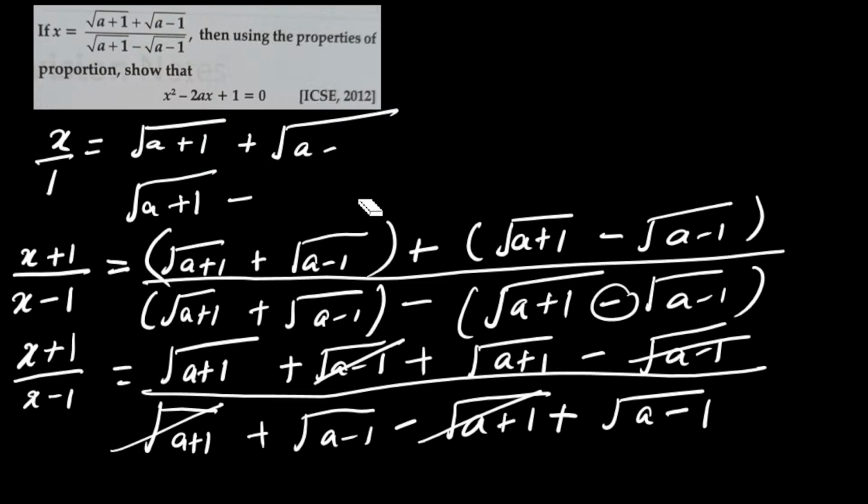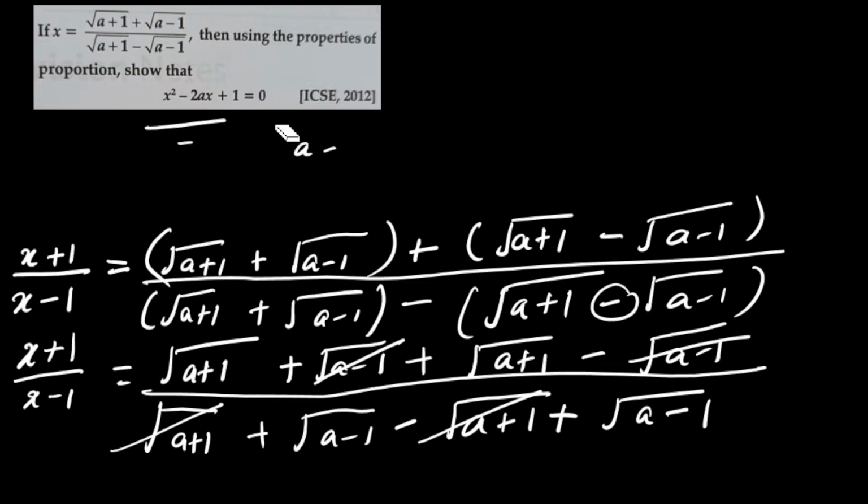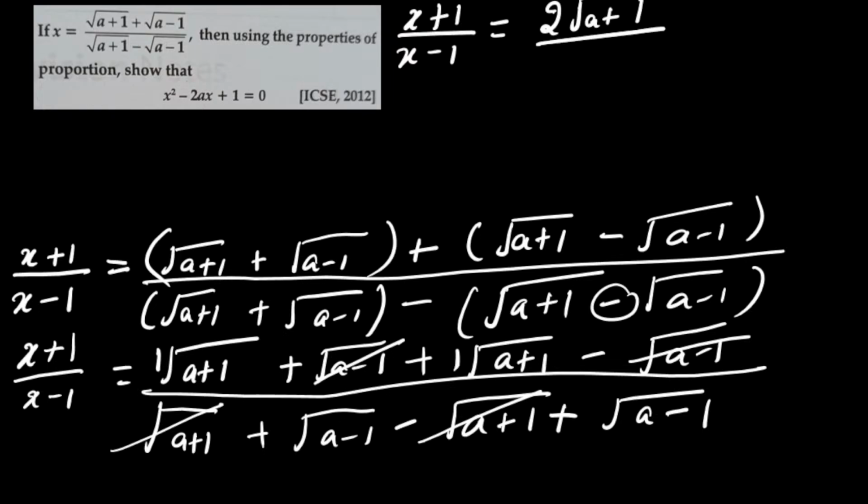I'm just going to clear this because I need space. So write along with me. I have got now x plus 1 by x minus 1 is equal to, same thing like in the previous question, so same thing we will do. This plus this means what? 2 times root a plus 1 by, again in the denominator, 2 times root a minus 1, because here 1 root a minus 1, 1 root a.